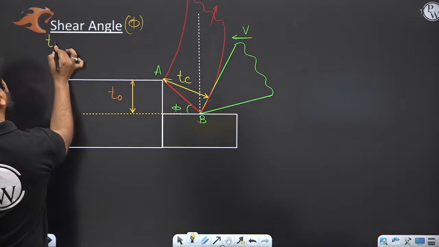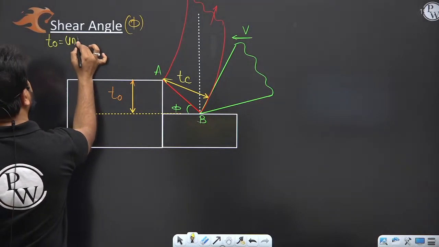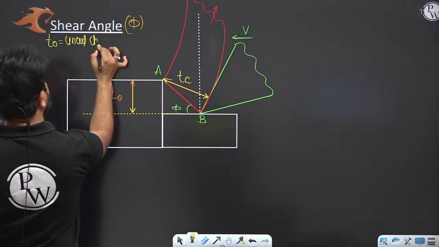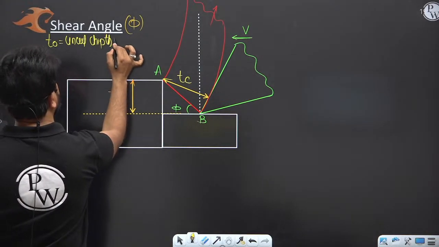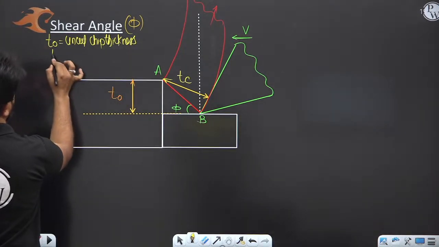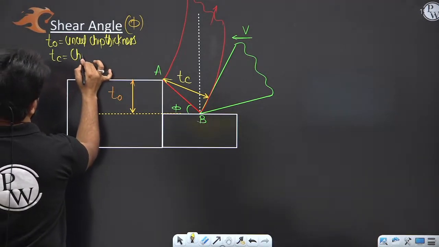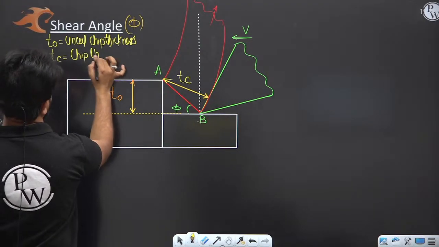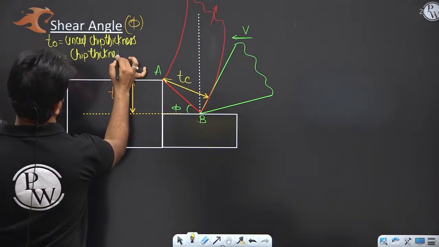So here t naught is the uncut chip thickness, and t is the chip thickness.